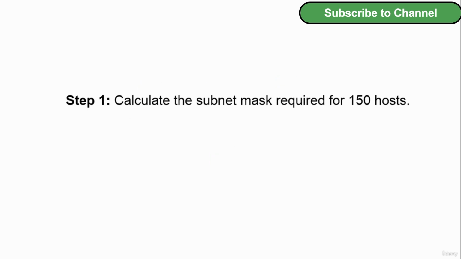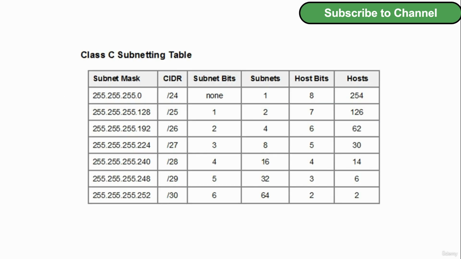So step 1, calculate the subnet mask required for 150 hosts. So easy enough. I'm going to go to here. In this case 126 is where subnetting really starts for the Class C addressing, but that's not enough, so I'm going to have to go to 254.